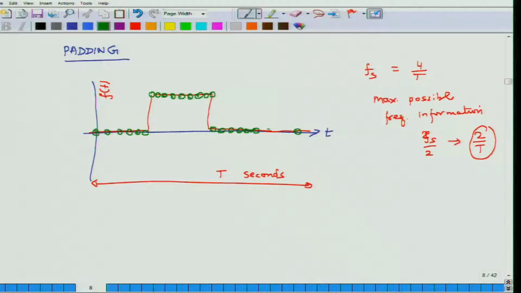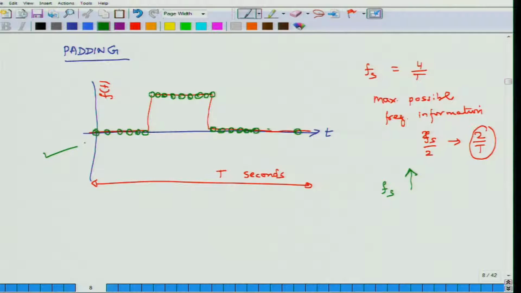So, I basically pad up all the information between 2 points. Then my sampling frequency went up significantly, so the maximum possible frequency components which I will get will be much higher. So, this is called padding.